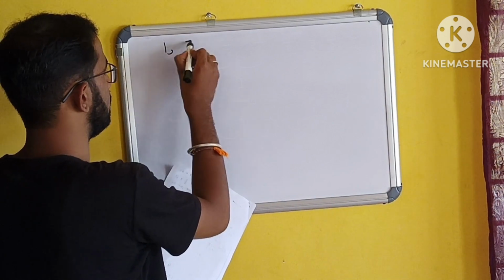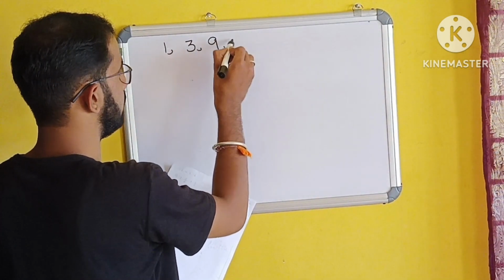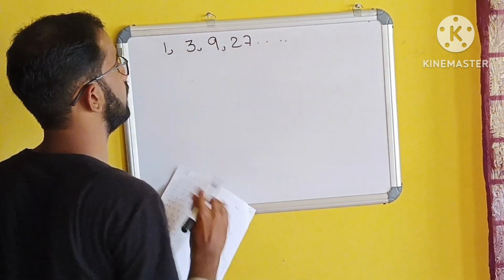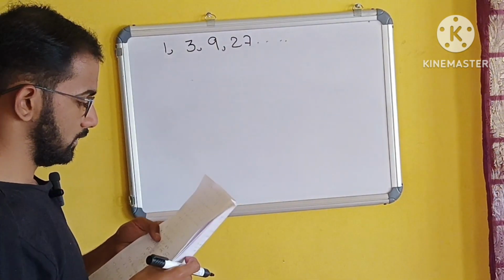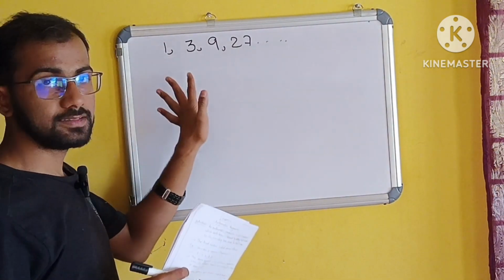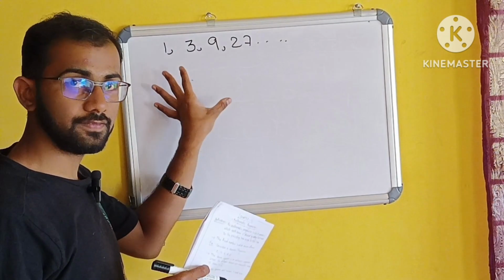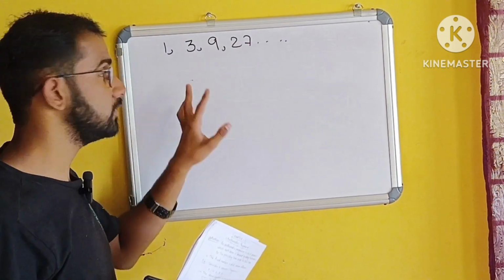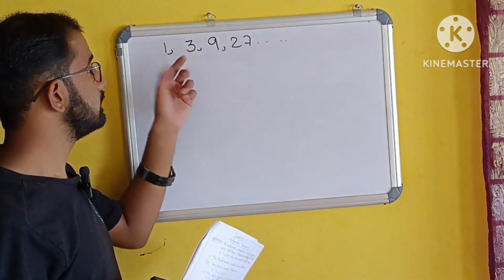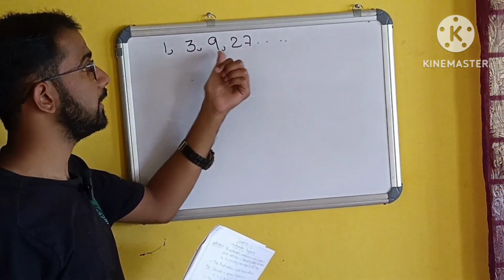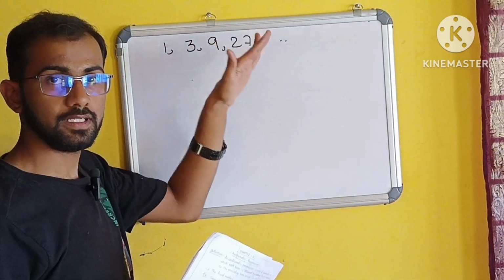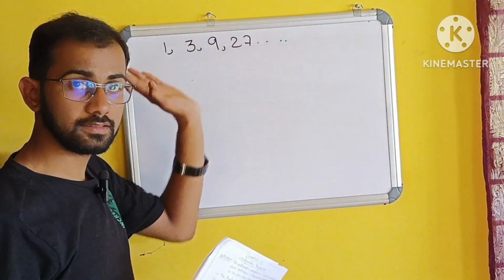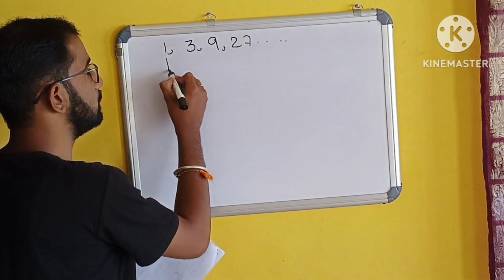So see, 1, 3, 9, 27. By seeing these numbers, if you calculate the difference, it is not the same, because here 1, 3, 9, 27 automatically increases.